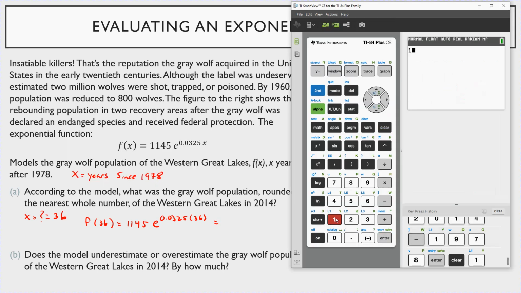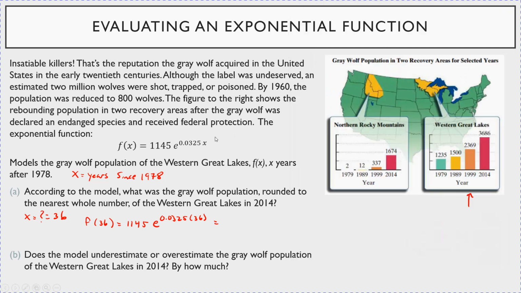So you're going to take 1,145 times e, raised to the 0.0325 times 36, and we're going to round it to the nearest whole number. So the model says there should be 3,689 wolves.